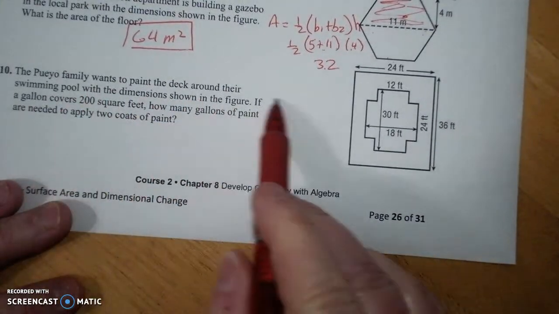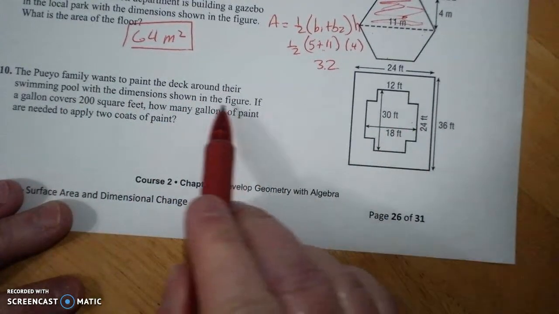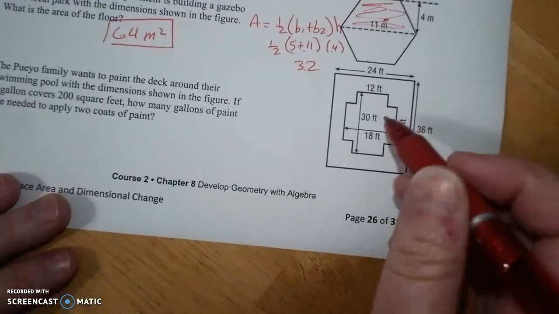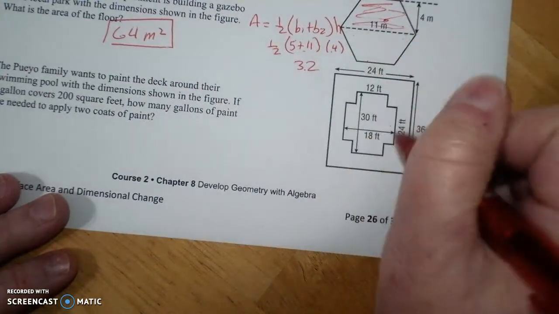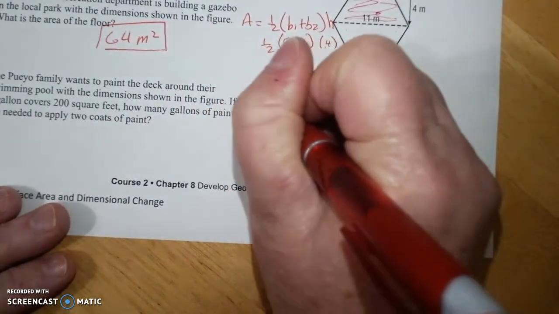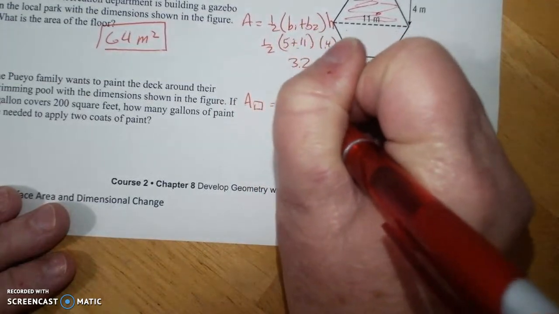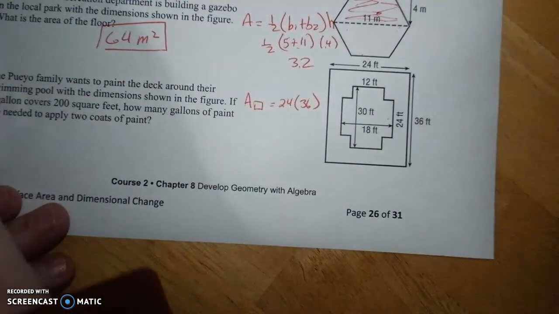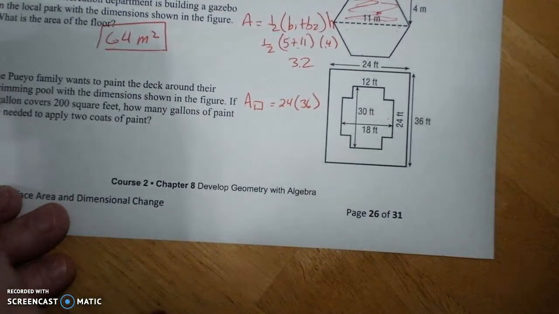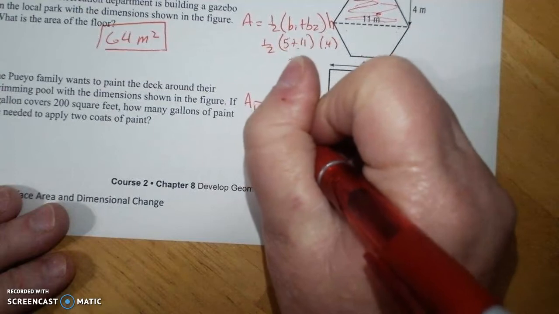Wants to paint a deck around their swimming pool. If the gallon covers how many gallons of paint. So we're going to do the deck. So first of all, if it was a filled-in deck, it would be 24 times 36. And so I'm going to do 24 times 36. And that's 864.